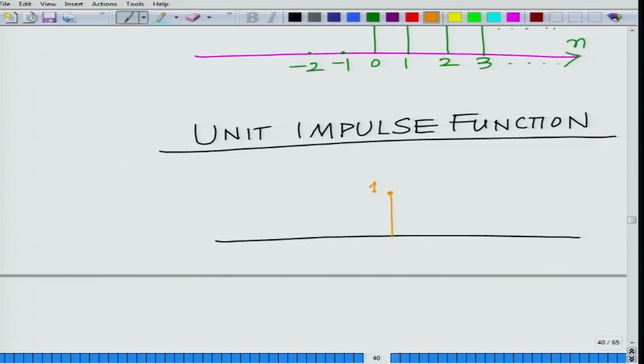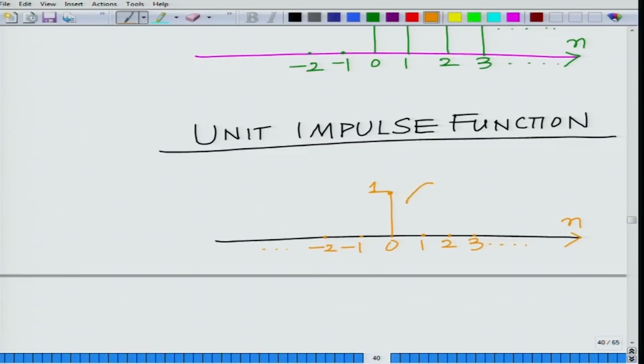It is 1 at n equal to 0, this is n. So, 1 at n equal to 0, and at all other values of n it is 0.